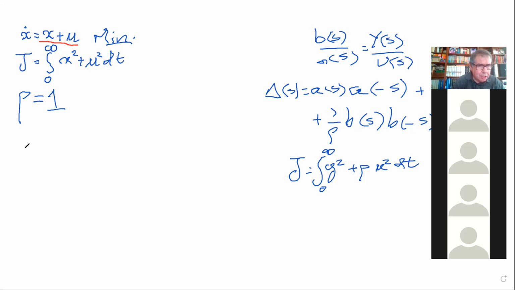Laplace transform of x dot: x dot equals s times X. s times the Laplace transform of x is equal to 2x plus u in Laplace. So b divided by a is what?